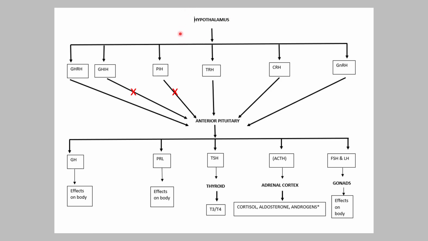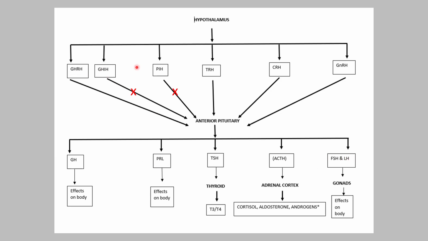And what we see up at the top is the hypothalamus, and right underneath that is a row of hormones. Now these hormones are tropic hormones released from the hypothalamus. And these hormones from the hypothalamus all travel to the anterior pituitary gland and tell it to either release or, in these two cases, inhibit the release of the anterior pituitary gland hormones, which is this second row of hormones.